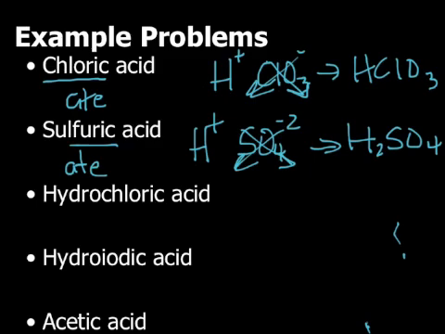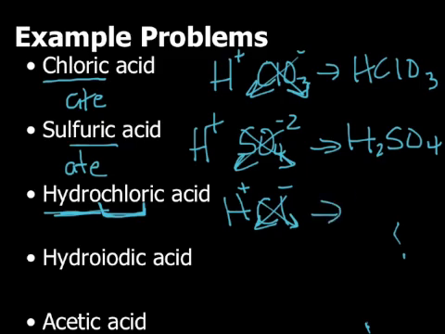My next one, hydrochloric. Now when you see that hydro, we know this is a binary acid. A binary acid starts with H, but that means there's only one other element, and this tells me what my other element is. Chlor came from chlorine. Hydrogen's a +1, chlorine's a -1. Crisscross charges, and I get HCl.